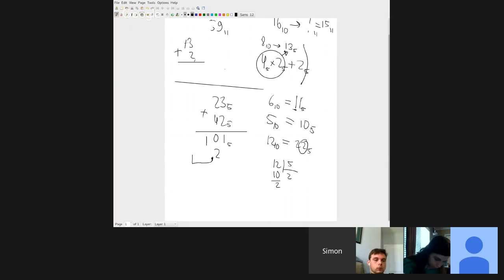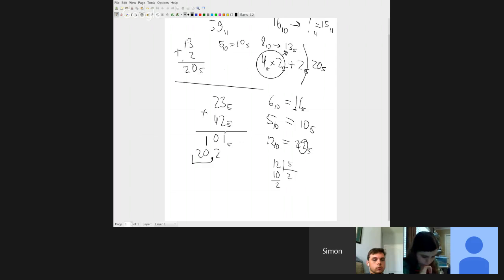Instead of 5, I'm going to use 10, because 5 in decimal is 10 in base 5. And then there will be 1 carry, so it's going to be 20 in base 5. So this is 20 base 5. And actually it makes sense.